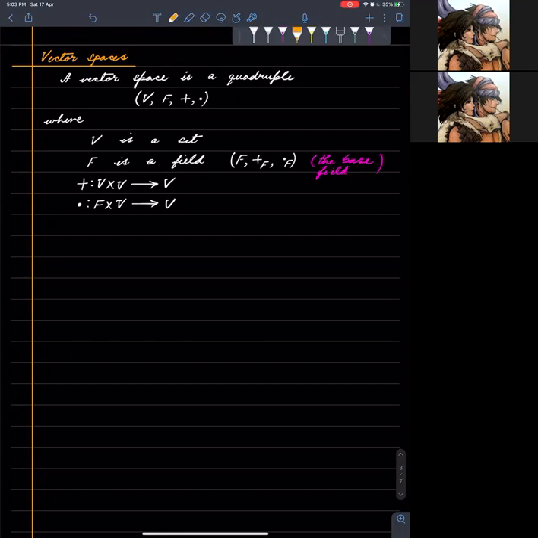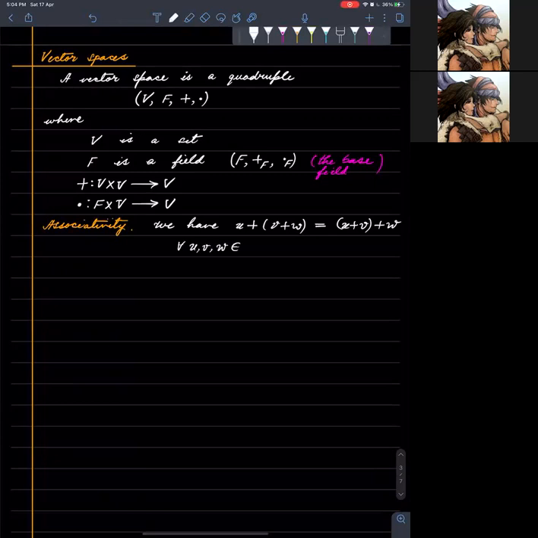First is associativity. We have (u + v) + w equals u + (v + w) for all vectors.